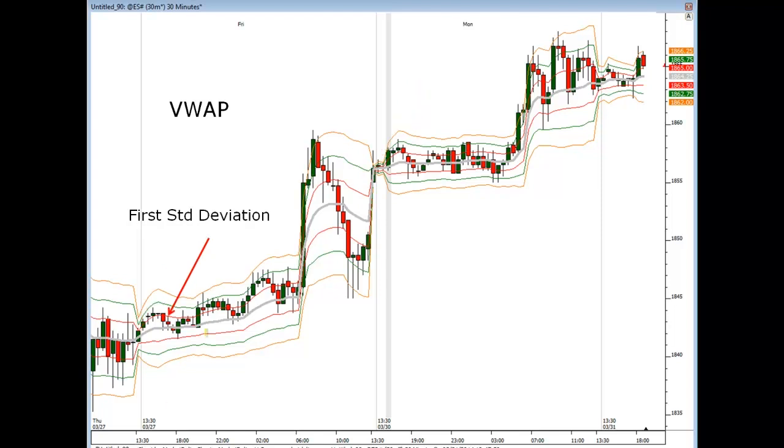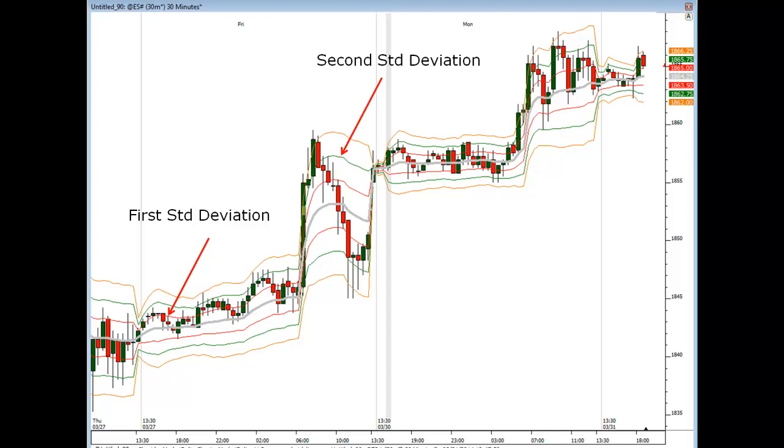Now, the lines that you see, these colorful lines that extend out, this is our main trunk line of the VWAP. It's the light gray line. And there are 3 lines above it and 3 lines below it. The first level above it and the first level below it are both one standard deviation away from the VWAP, one standard deviation below and one standard deviation above.